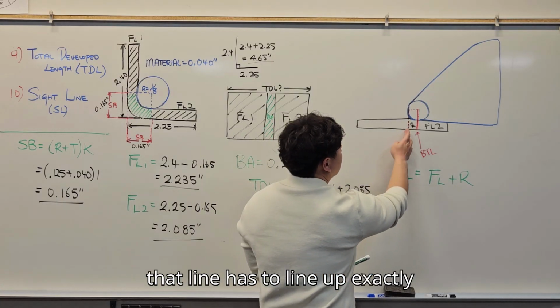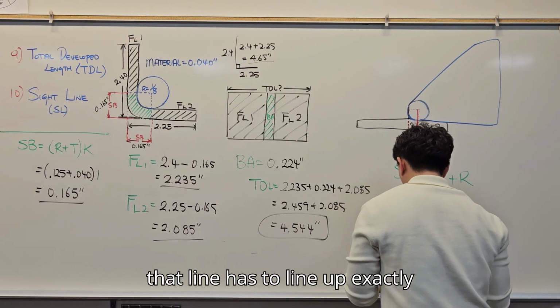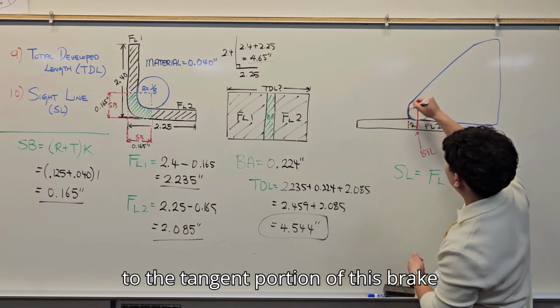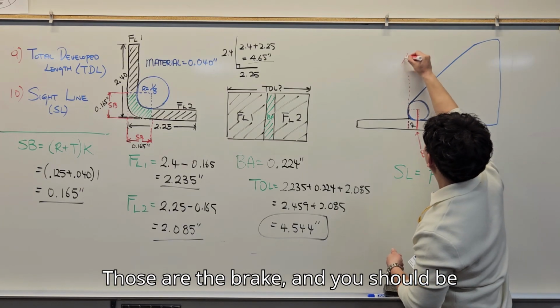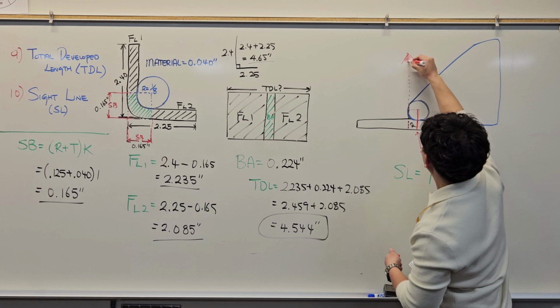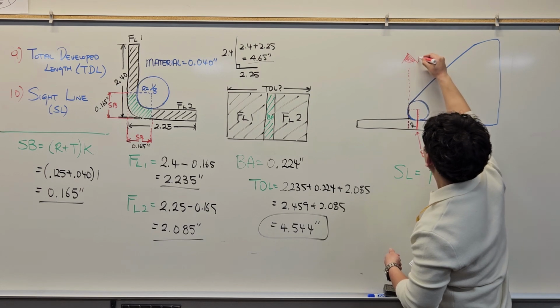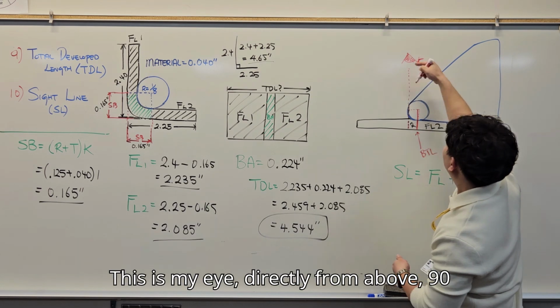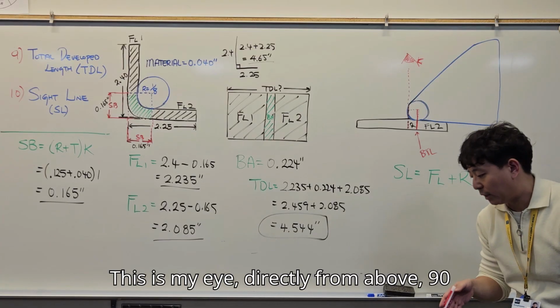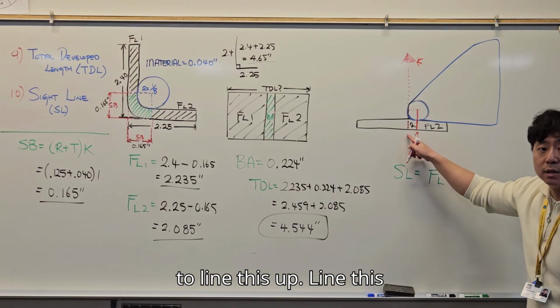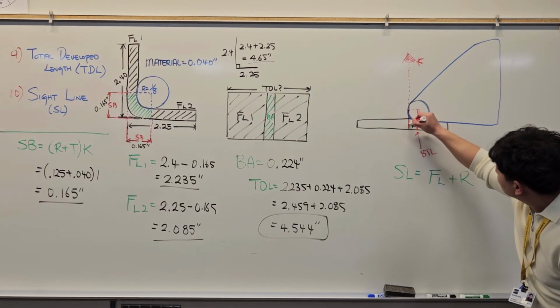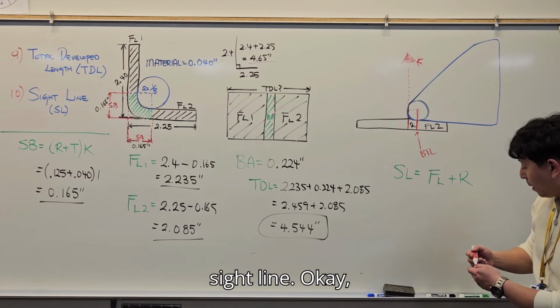That line has to line up exactly to the tangent portion of this brake. You should be looking at it with my eye directly from above, 90 degrees down, to line this up on this sight line, okay?